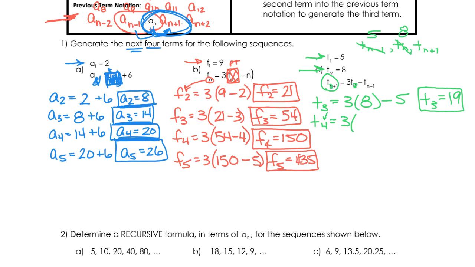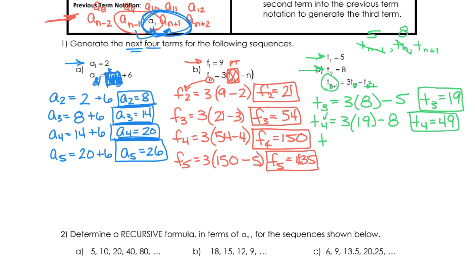This n has to be a 3, and this n has to be a 3, and that subscript of 3 minus 1 becomes a 2. And so this is now 3 times my t sub 3, which I just found is 19, minus my t sub 2. My t sub 2 is 8 that was given to me. Okay. So 3 times 19 minus 8 gives us a t sub 4, or a fourth term, of 49.